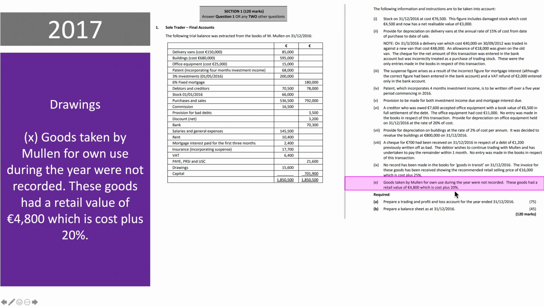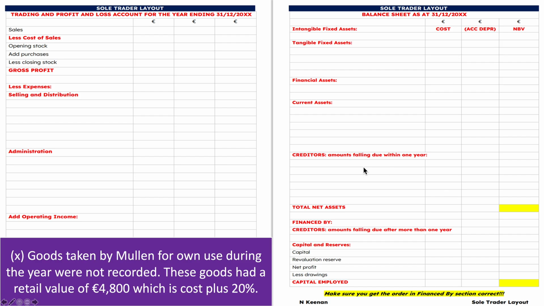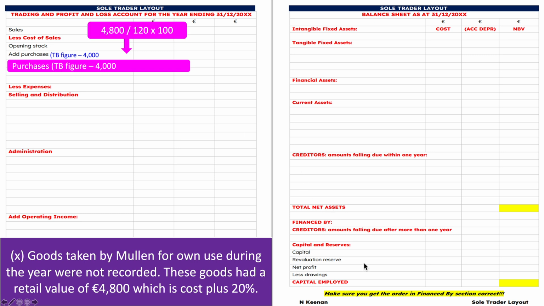So we need to find out what cost is, because we're going to record it at cost. 4,800 divided by 120 multiplied by 100 is 4,000. So from your purchases, we're going to credit the purchase account, so we're taking away from purchases, minus 4,000, and then in the drawings, we're going to add 4,000.